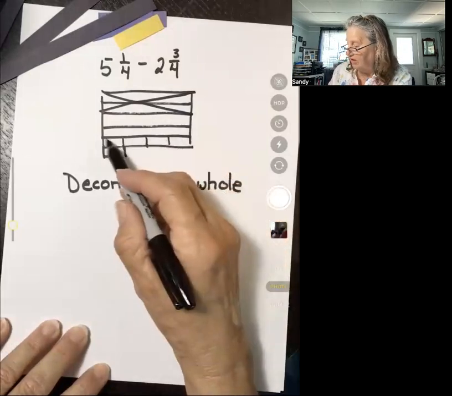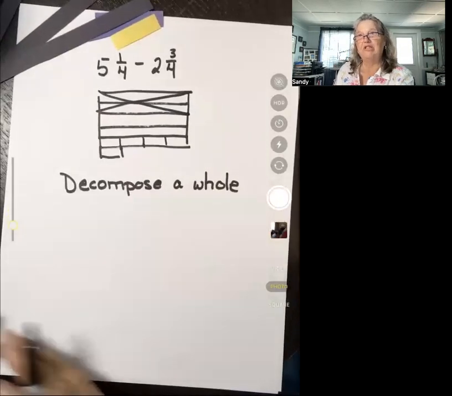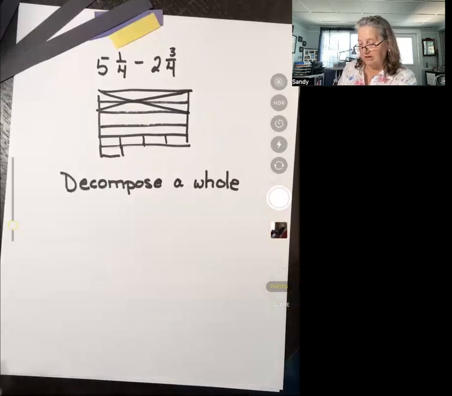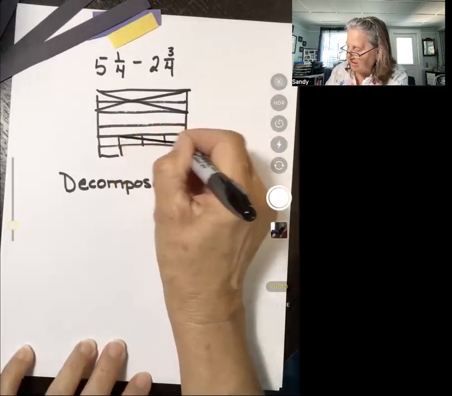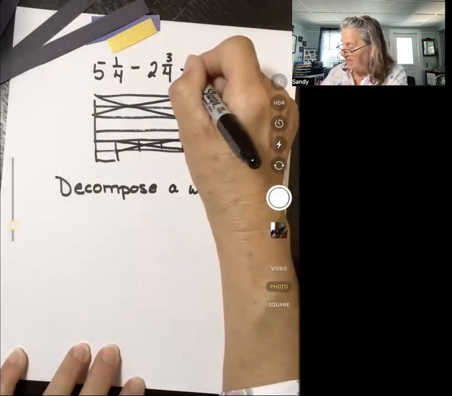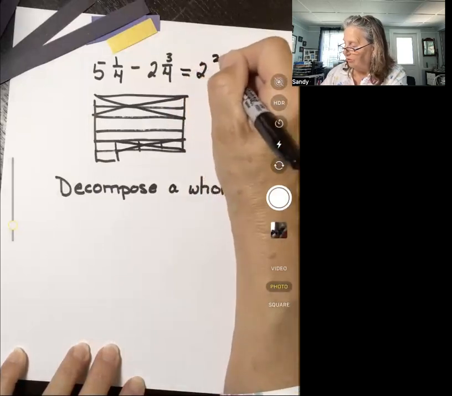I could remove these 2 and this one. It doesn't really matter, but I'm decomposing a whole because I need to think of this as 3/4 and 1/4. So I can remove any of these. I'm going to remove these. And what do I have? I still end up with 2 holes and 2 1/4 pieces.